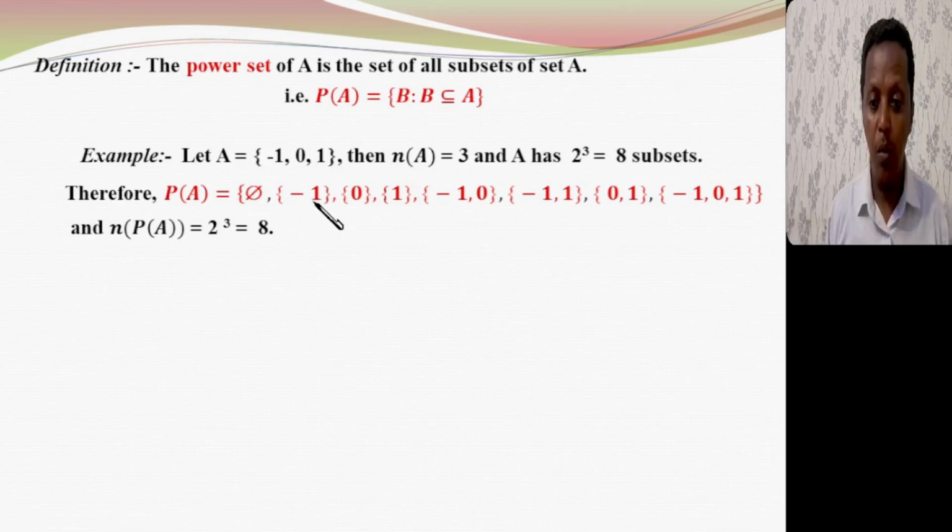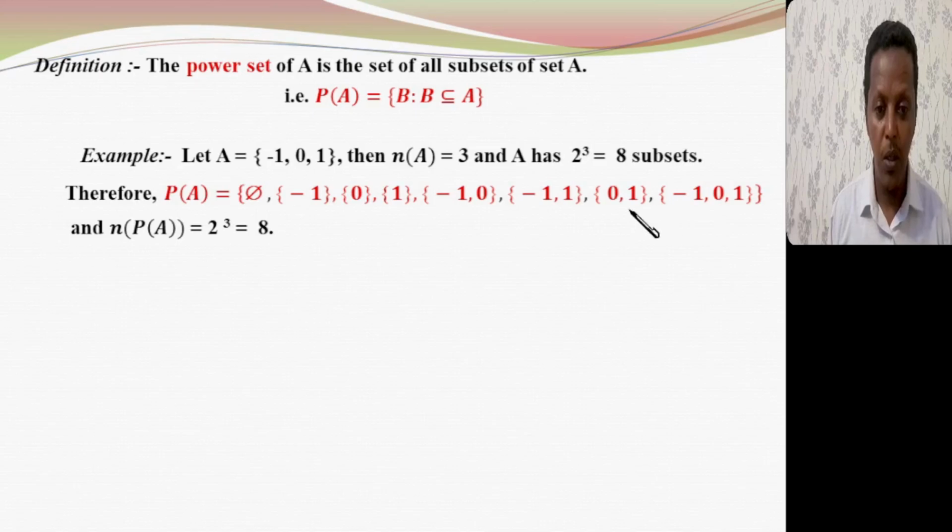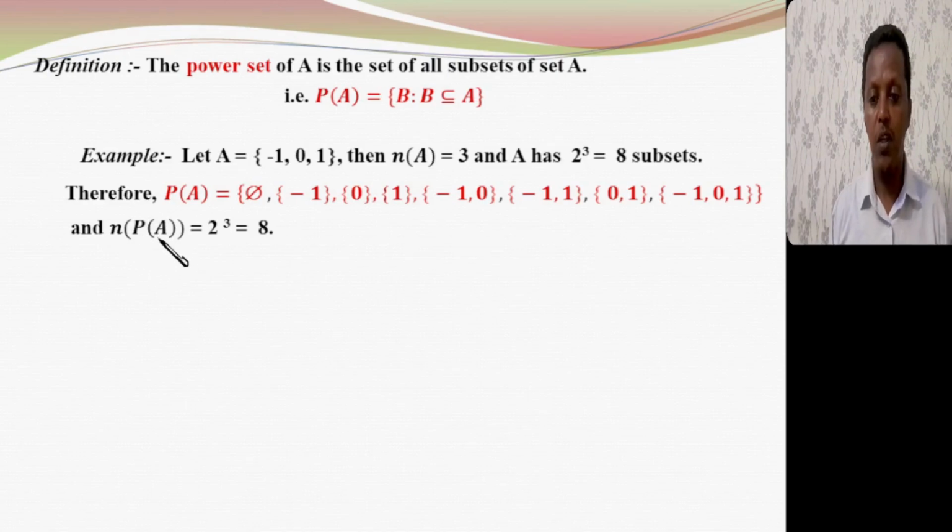A set containing minus 1, a set containing 0. All these are subsets of the given set A. Even the set itself, any set is a subset of itself. So in total we have 8 subsets. So a set that contains all these 8 subsets as elements, we call it the power set of the given set. The number of elements of the power set of set A will be 2 to the power of 3, which is 8.